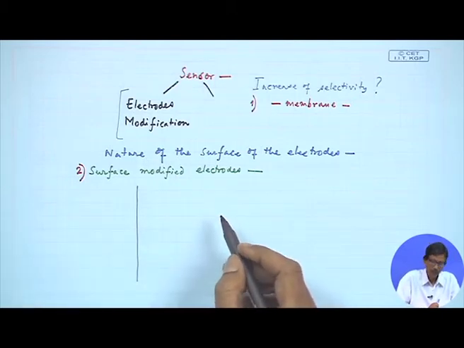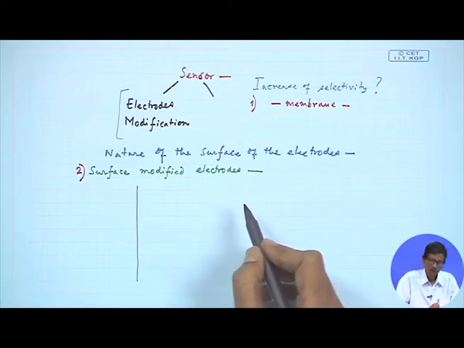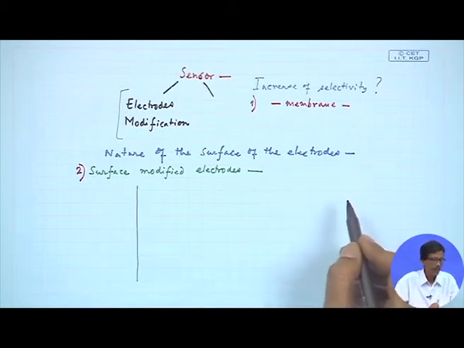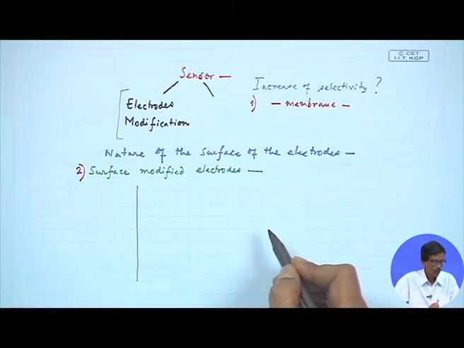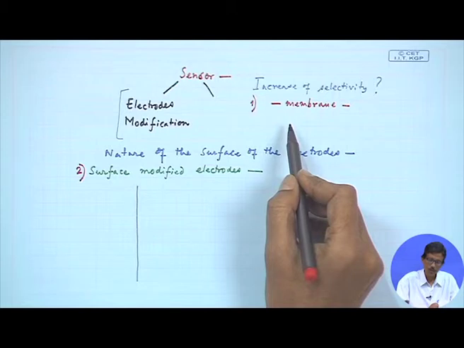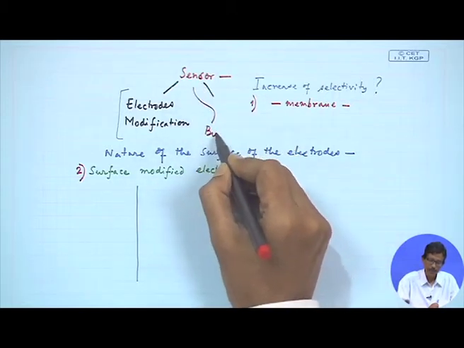Sometimes you find very overlapping peaks, very close formal potentials, different electrode kinetics, and also some adsorption. So, how do we increase the specificity, especially if we want to sense something biological in nature?